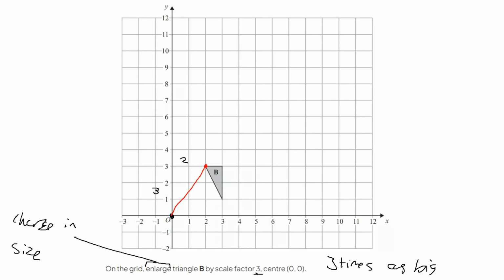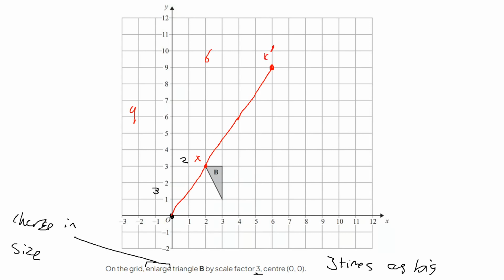So if this is a 3 by 2, we need to draw another 3 by 2. So 3 by 2 is there. And we need to draw another 3 by 2. So now this is a 9 by 6 line. Okay? And we can label this point. If this point here is X, we'll label this one X prime.